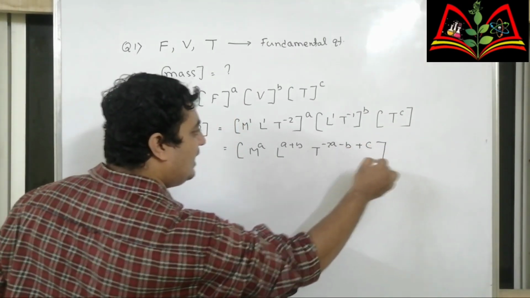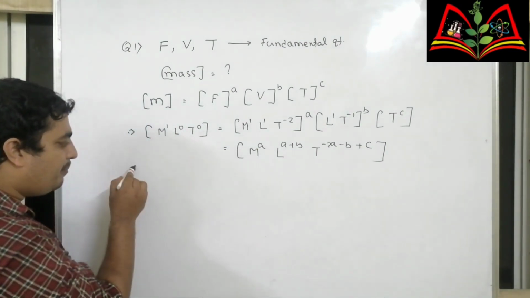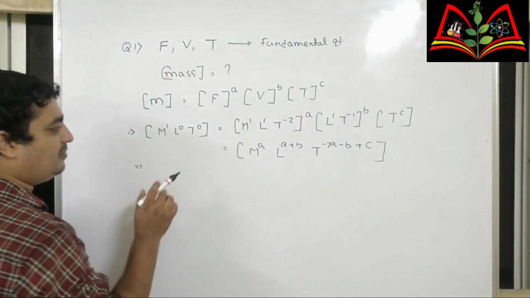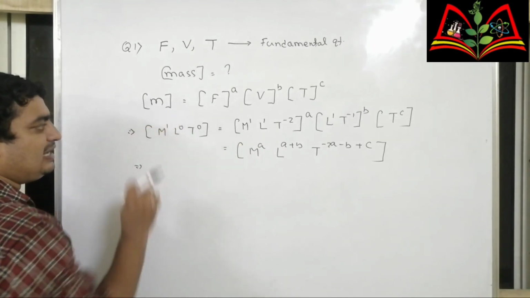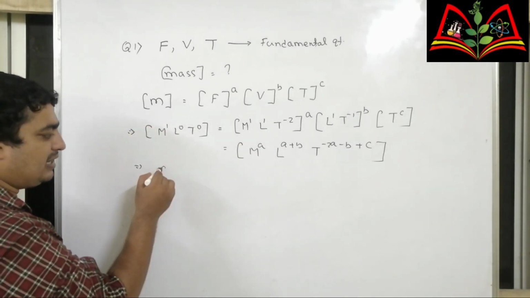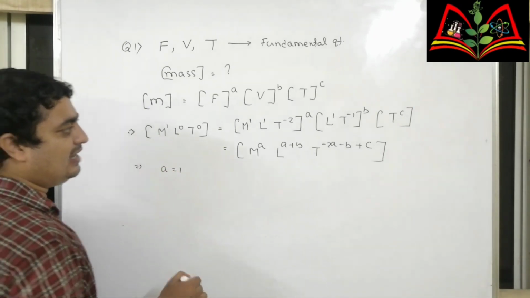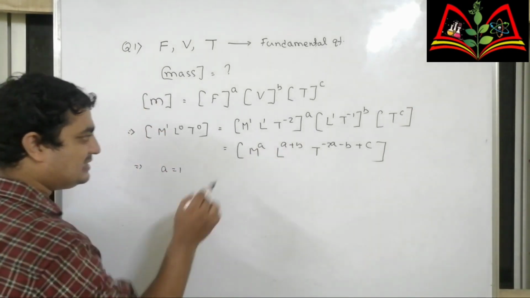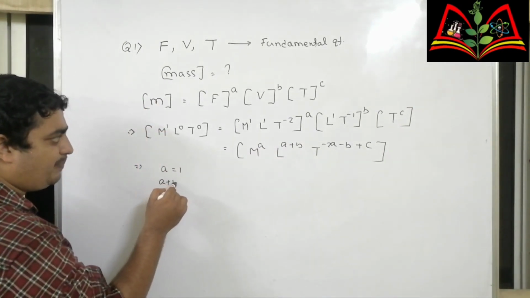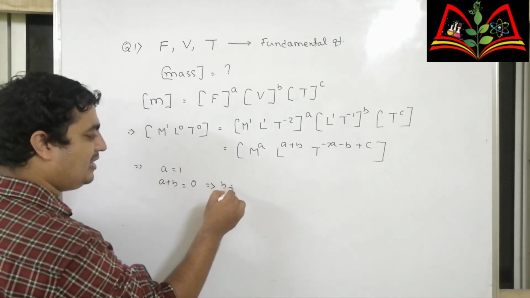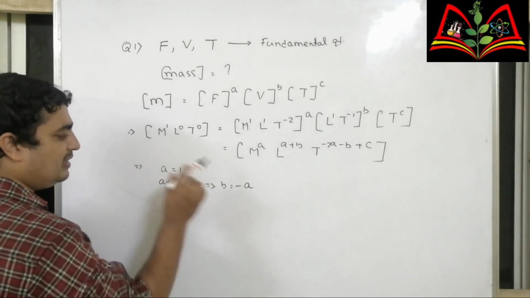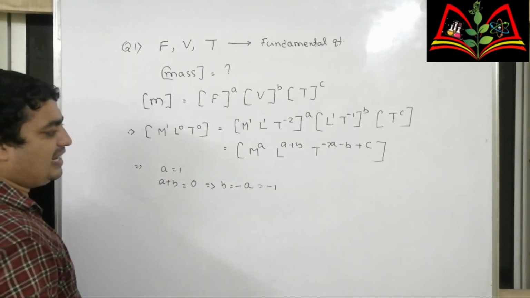Now, if we individually match the powers of each term, then here it is m to the power A, it is m to the power 1. So, we can write A equal to 1. In second case, A plus B is equal to 0. That means B equal to minus A. That means B equal to minus 1.